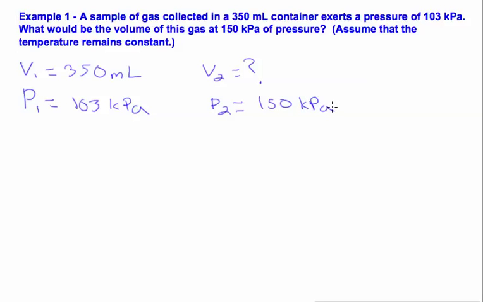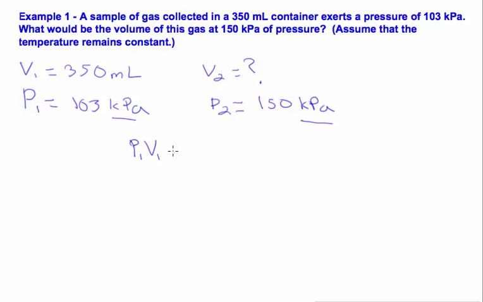Units don't matter so much as long as they match. So because both of my pressures are in kPa, in kilopascals, it's fine. We don't have to do any converting. We can look at this list of what we know and what we're looking for and see that we should use Boyle's law. And I like to write my equations first so that I remember them.